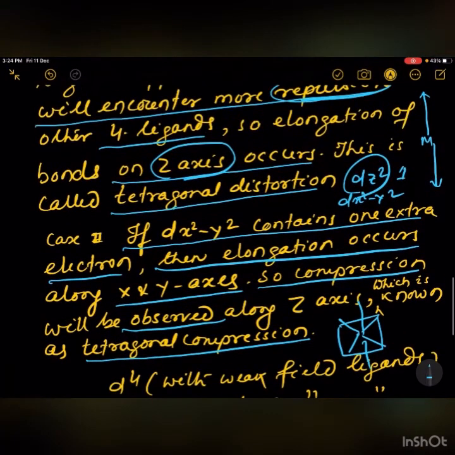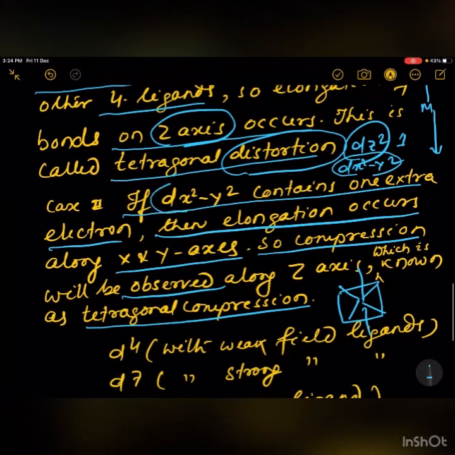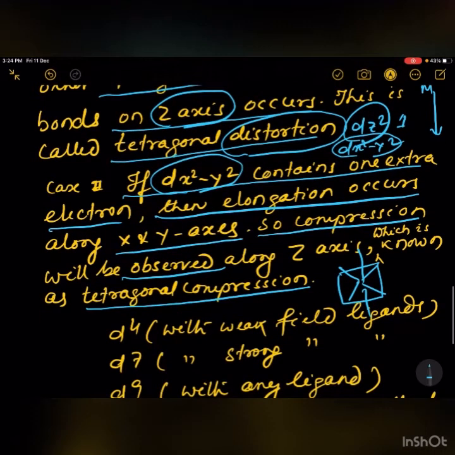If dz square contains one electron more than dx square minus y square, then tetragonal distortion occurs. If dx square minus y square contains one more electron than that of dz square, then that is known as tetragonal compression.